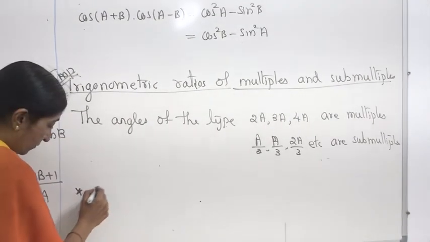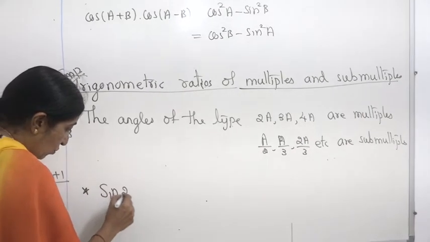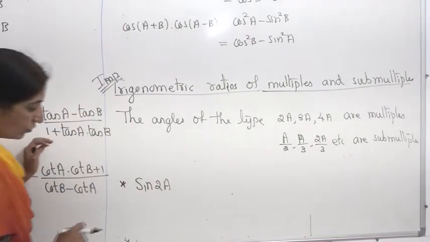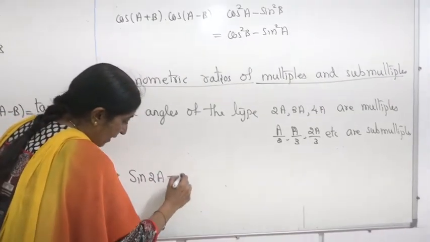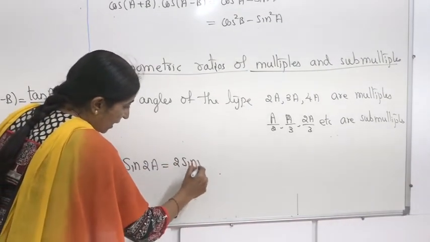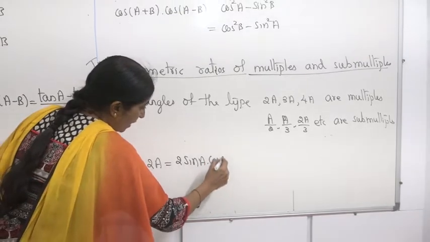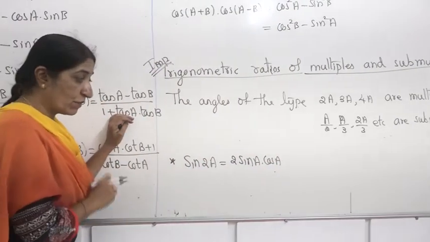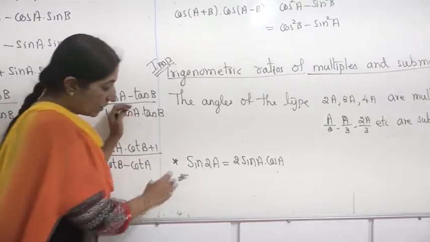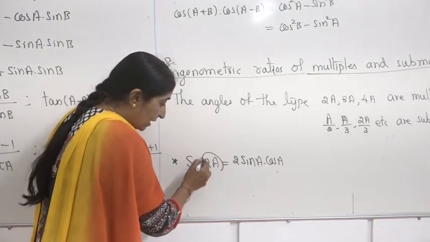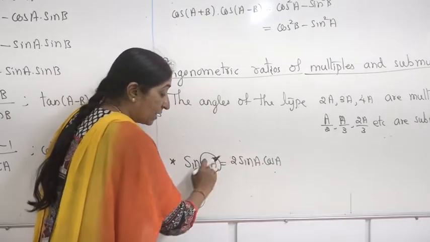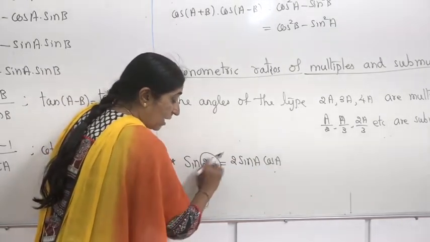See, for the first one, it is sin 2A. Remember, no need to take only A, you can take theta also. Sin 2A will be written as 2 sin A cos A. If you are really interested in mathematics, you observe one thing. In sin 2A the angle is 2A, and on the right side the angle is A. Are they related?